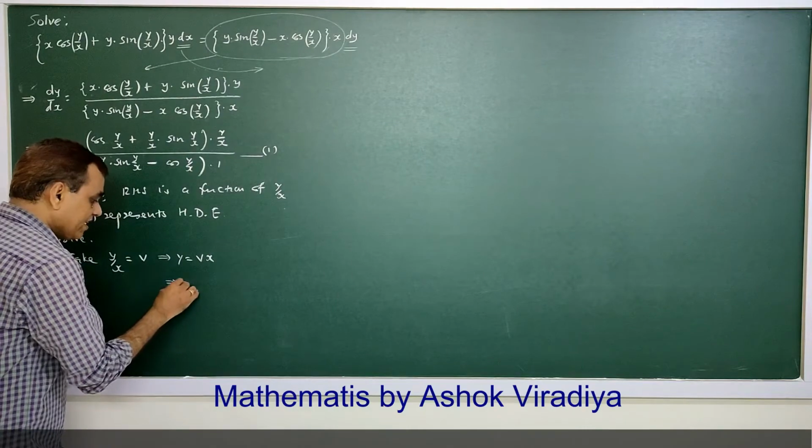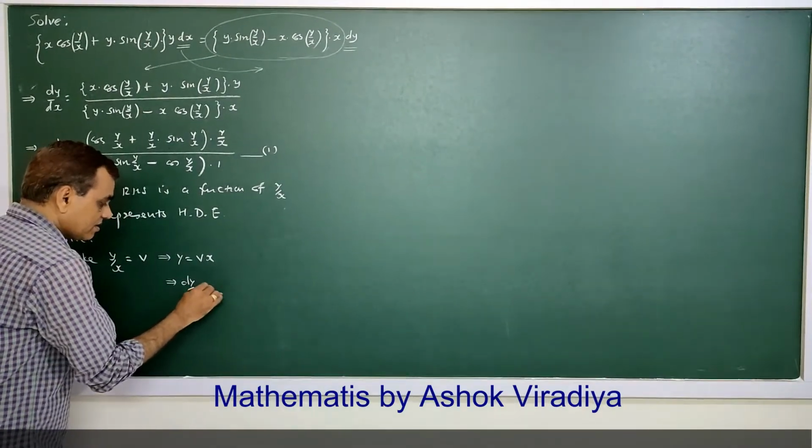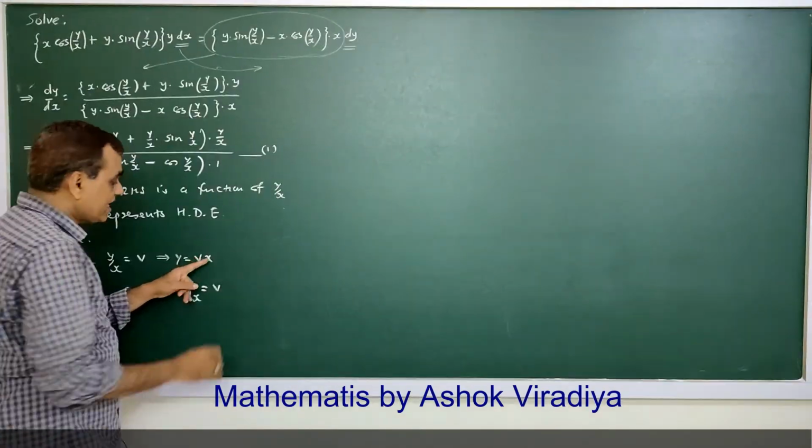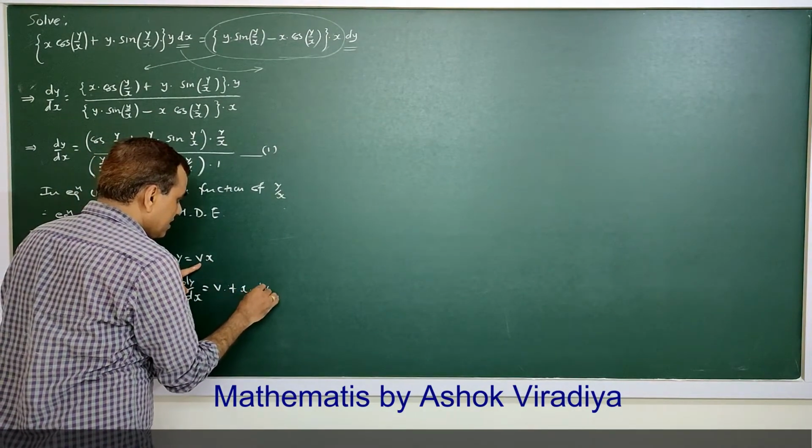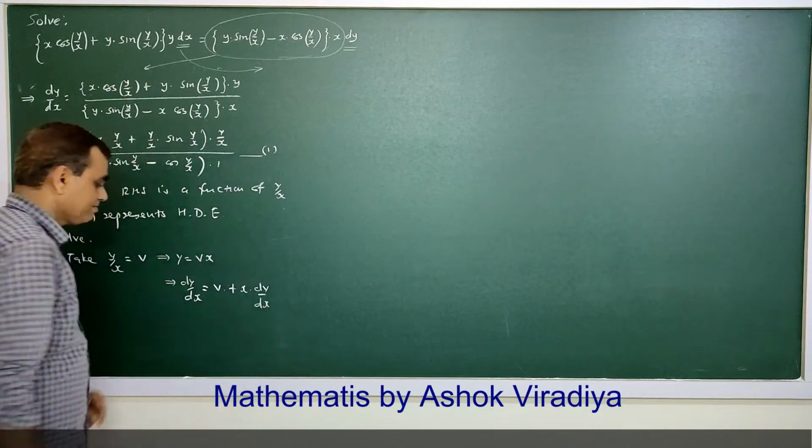So dy by dx is v as it is, derivative of x is 1, plus x as it is, dv by dx.